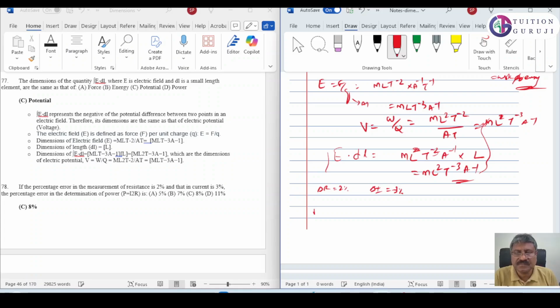So delta R by R, delta I by I we have. Now power is I squared R. So delta P by P into 100 is equal to 2 into delta I by I into 100 plus delta R by R, which is 2 into 3% plus 2, equal to 8%.